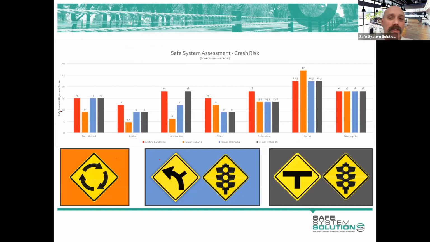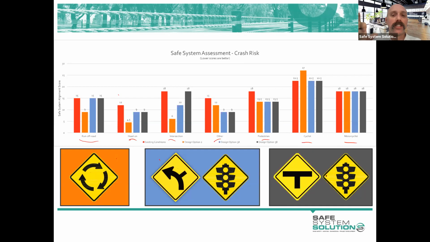In this, we've got the existing conditions in red for each of the crash types: run-off road, head-on, intersection, other, peds, cyclists, motorcyclists. And we see that the orange in this case is the roundabout option. The blue is the signals with the modified T. The grey is the T intersection.